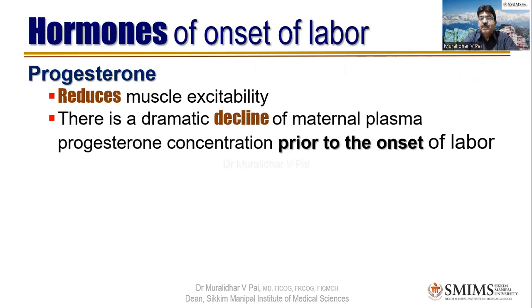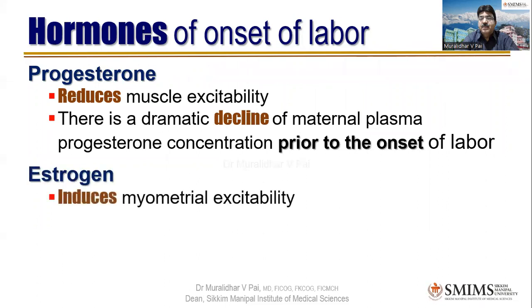Whereas estrogen is the one which ends, E for E. So it ends the pregnancy by initiating labor. Easy to remember. Estrogen ends, progesterone perpetuates, or progesterone protects the pregnancy, or the pregnancy will go on with it. So estrogen induces myometrial excitability, whereas progesterone reduces.